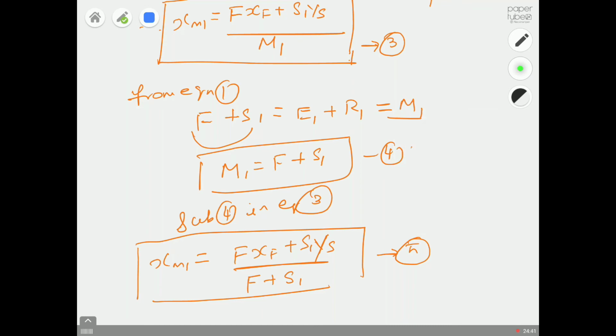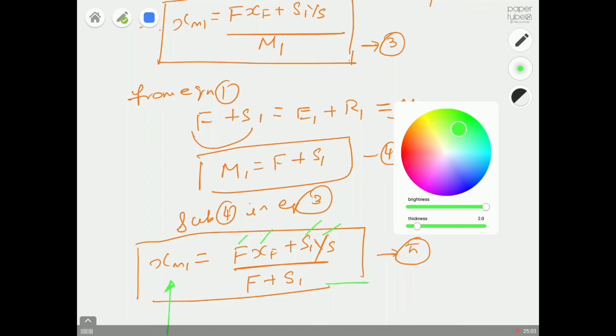If we have the feed, the composition of solute in the feed, the mass of solvent and the composition of the solute in the solvent, then we can calculate the mass fraction of solute in that mixture. That's what equation 5 can do for us.